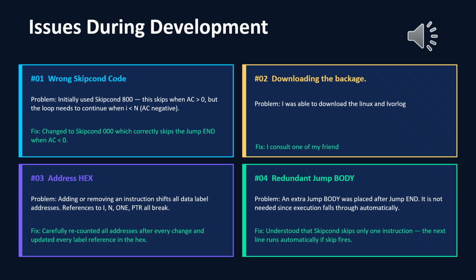The last thing is the jump. We have two jumps in the system, one jump for the end and one jump for the body, which did not make sense to me at the start. So I searched for it and discovered that some systems go immediately into the loop. It does not need a jump to the body.